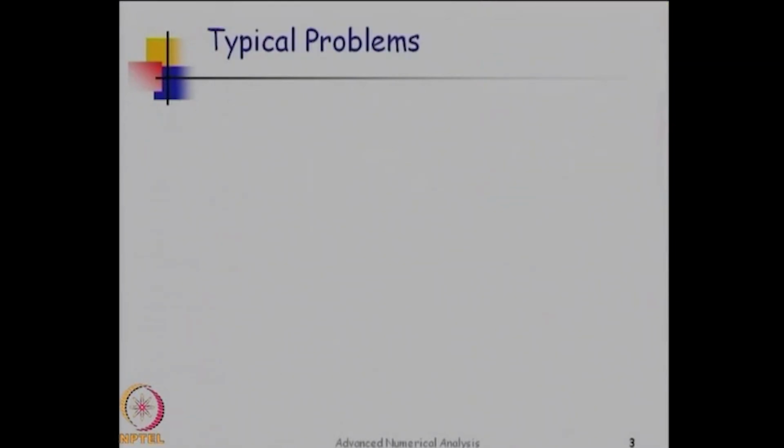Now what are the typical problems that we encounter? Let us look at some of the problems that a chemical engineer would typically have to face when he goes to a chemical plant. Well, one problem is of course a design problem. You may have to design a new section of a plant, or if you are part of a consulting firm which designs chemical plants, you have to design a new plant.